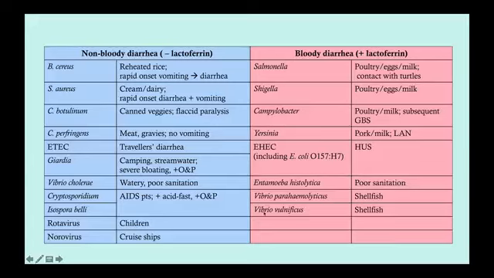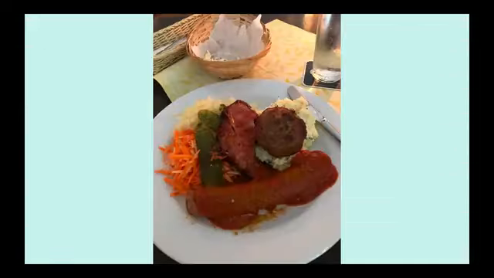But if you ingest these, it causes diarrhea. And usually you get this from shellfish, oysters, clams, shrimp. Like I said, in that sort of brackish water is where Vibrio live. There was a case down in Texas not too long ago of a Vibrio vulnificus necrotizing fasciitis. Unfortunately, I believe she died.